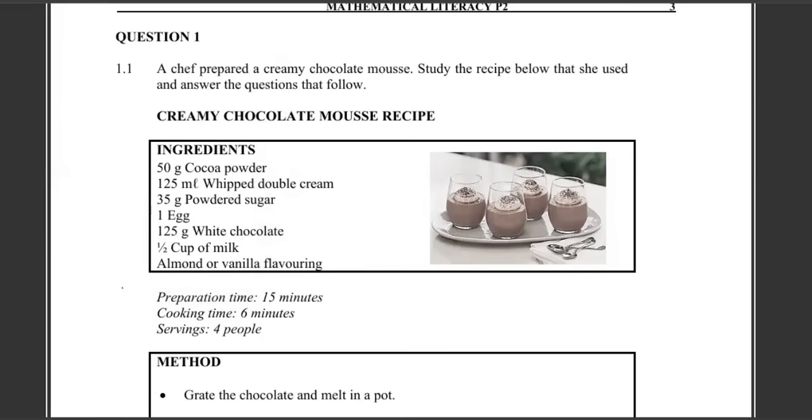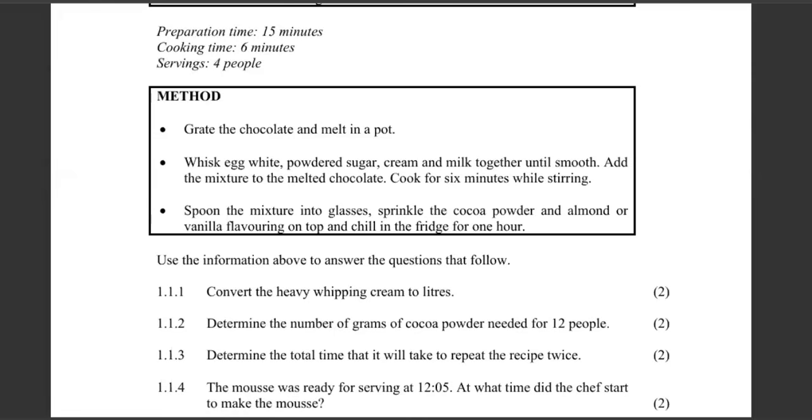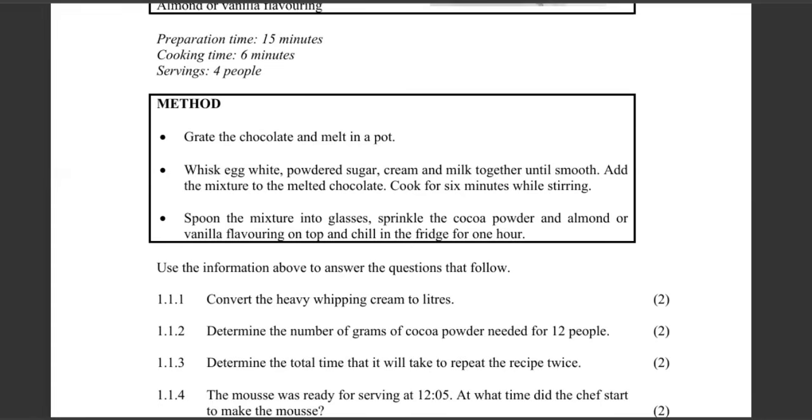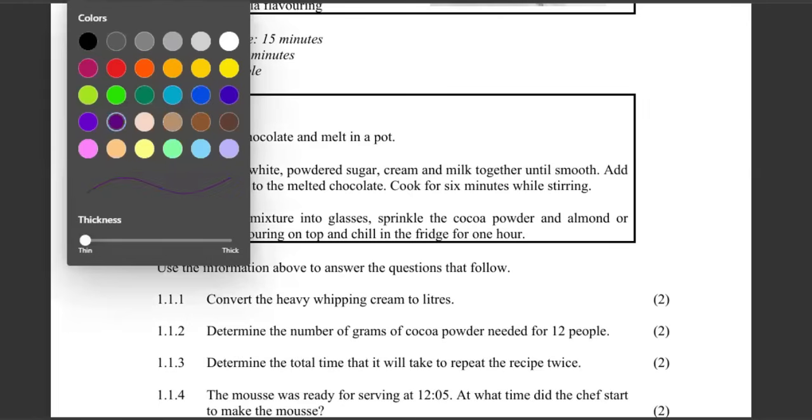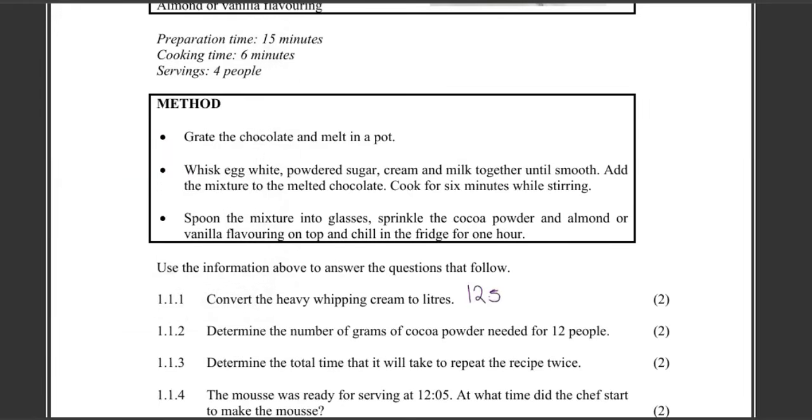We are looking at the heavy double cream, that's number 1. So we are going to change it to liters. We are changing 125 milliliters to liters. Whenever you're changing milliliters to liters, we divide by 1,000. So here you just divide by 1,000, and you end up having your answer 0.125.